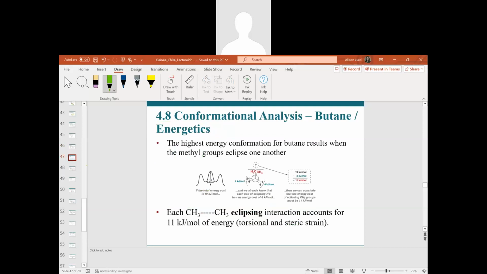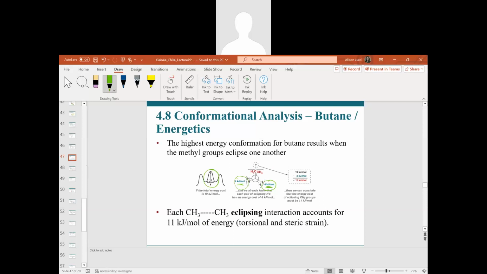We know from our original analyses that when we had 12 kilojoules per mole with our ethane and the three hydrogens experiencing that torsional strain, we attributed about 4 kilojoules per mole. So the difference between our anti-conformation and this eclipsing structure is about 19 kilojoules per mole here.